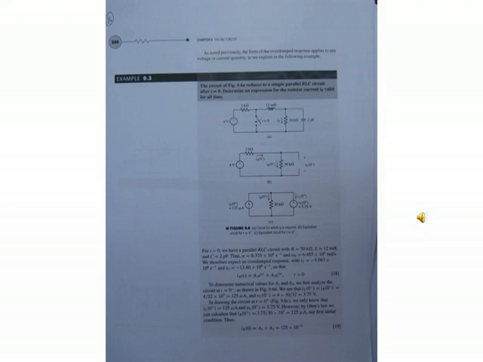And similarly, IC can also be calculated. The IC equation is C multiplied by dVc by dt. So 2 times 10 power minus 12 times 30 times 10 power 3, times A1 S1 e power S1t plus A2 S2 e power S2t. So by Kirchhoff's current law, IC0 plus is equal to IL0 plus minus IR0 plus, which is equal to 0.